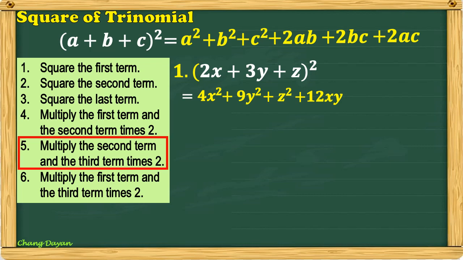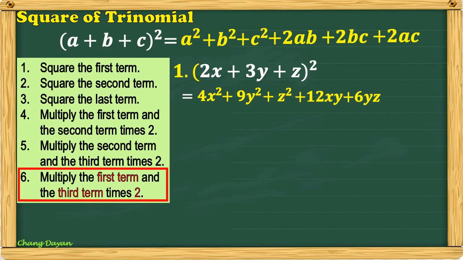Next, multiply the second term by the third term times 2. So we have 3y times z times 2. And we have here 6yz.